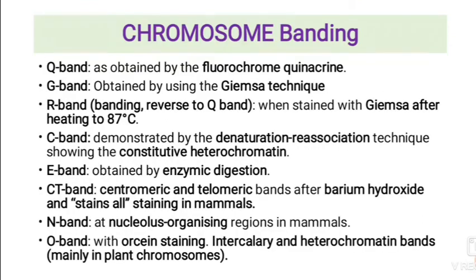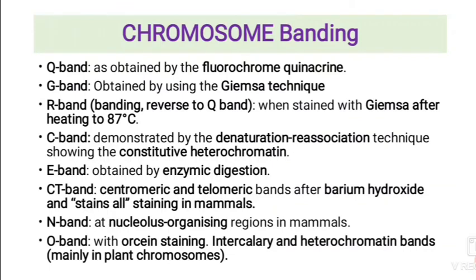Next we will see chromosome banding. In the 1970s, a spectacular technique was developed for identifying any chromosome, that is chromosome banding. The banding pattern of each chromosome is fixed and characteristic in a taxon. It was discovered that chromosomes stained with the fluorochrome quinacrine or its derivative fluoresce in alternating bright and dark bands when examined under an ultraviolet microscope.